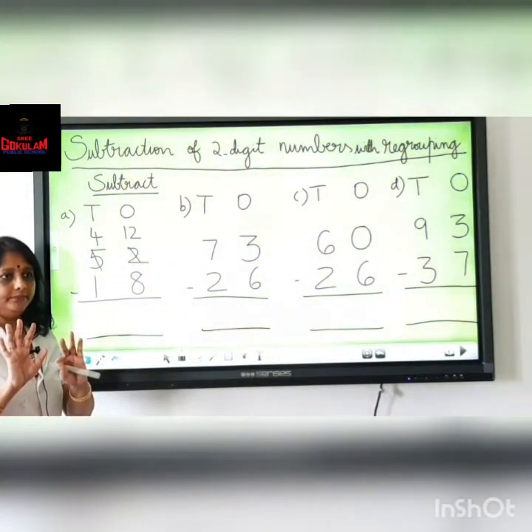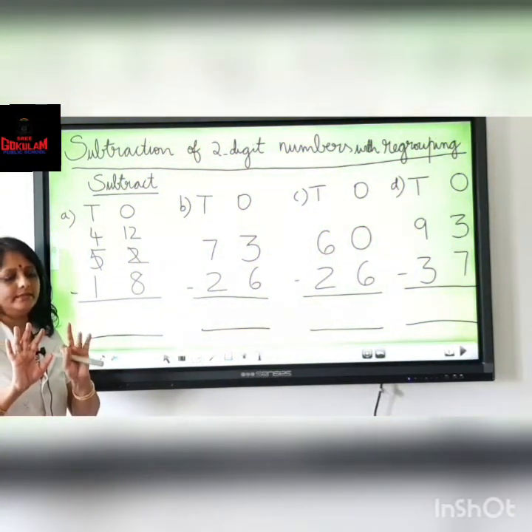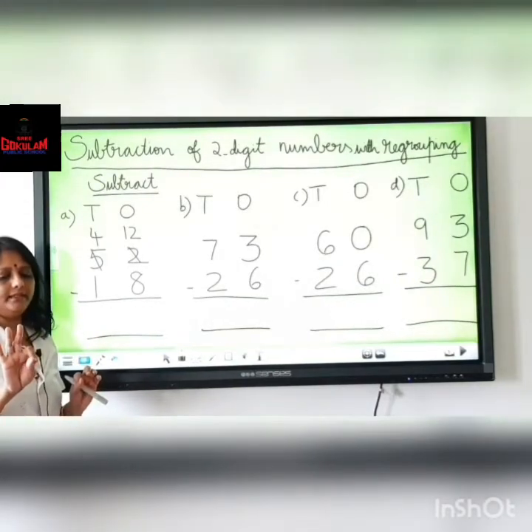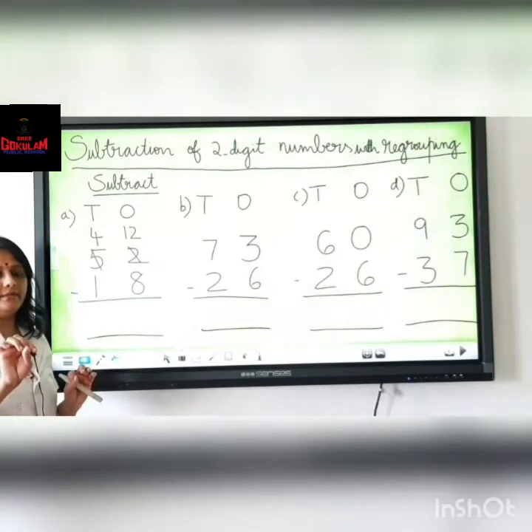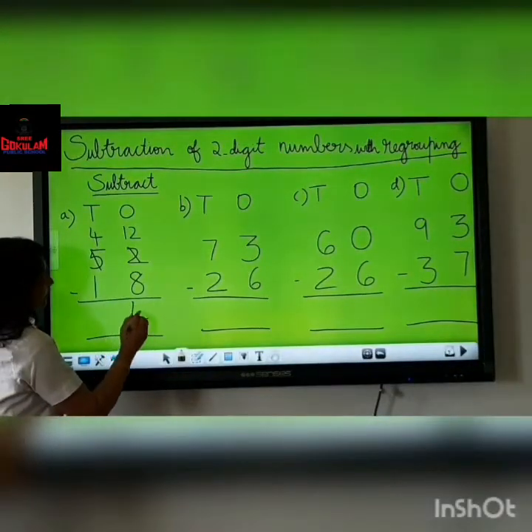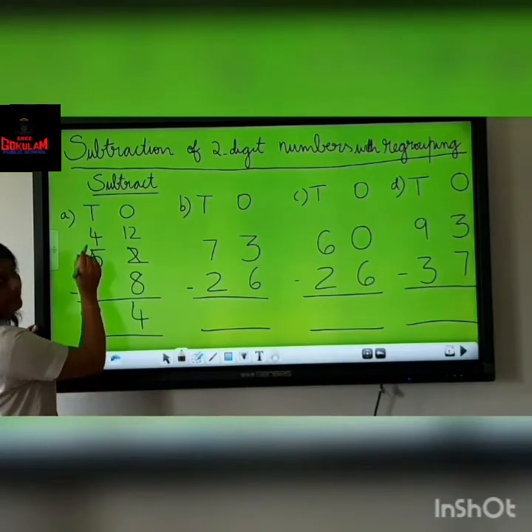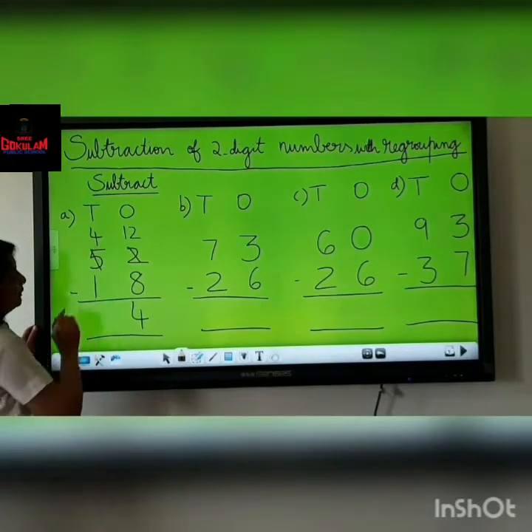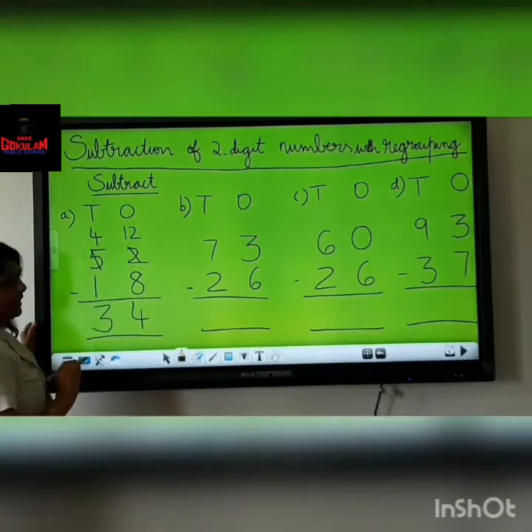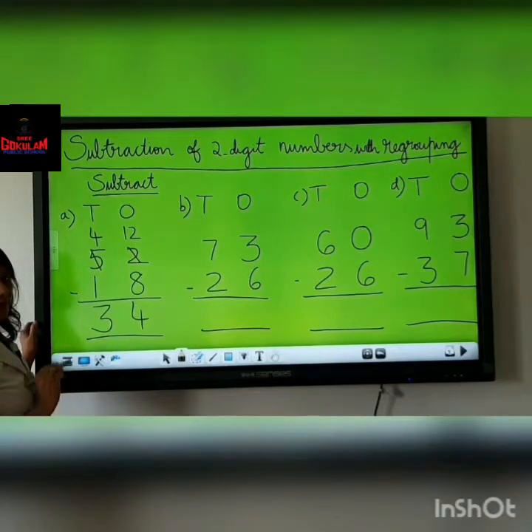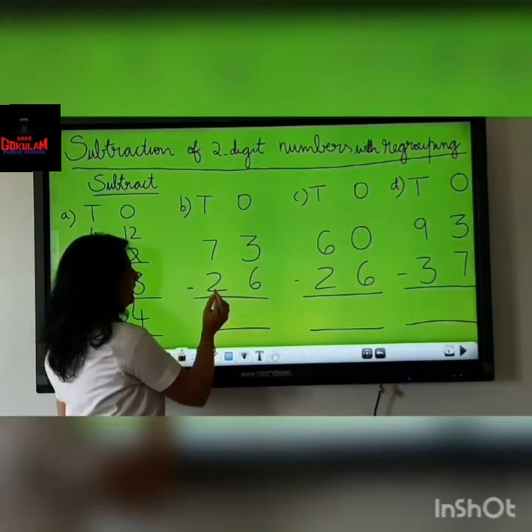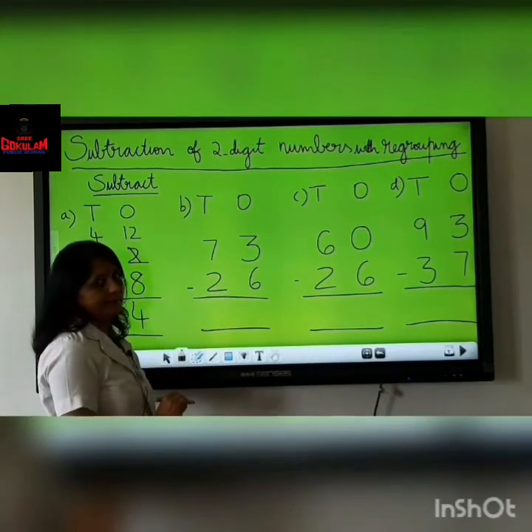Before 12: 11, 10, 9, 8, 7, 6, 5, 4. So, 12 minus 8 is 4. Here in the tens place, 4 minus 1. What is 4 minus 1? 3. So, the answer is 34.